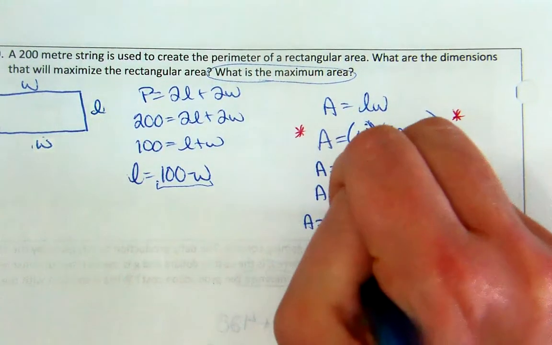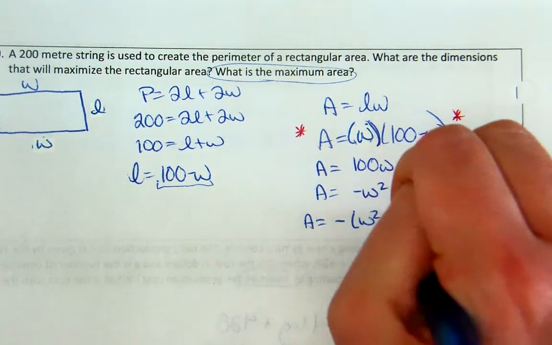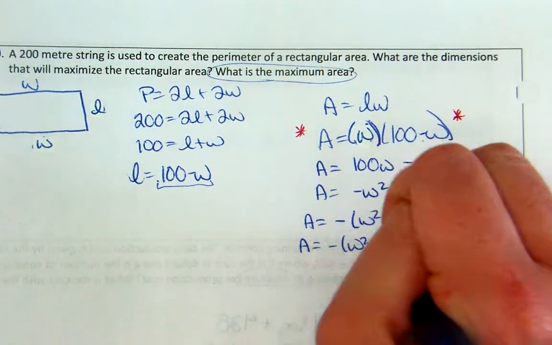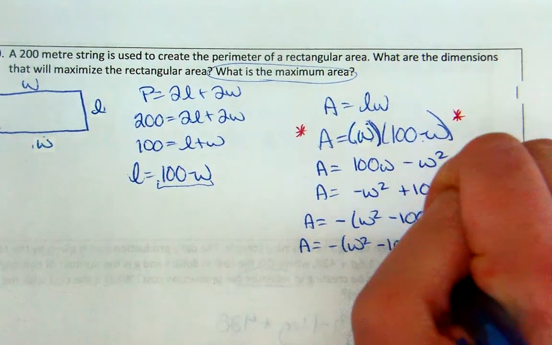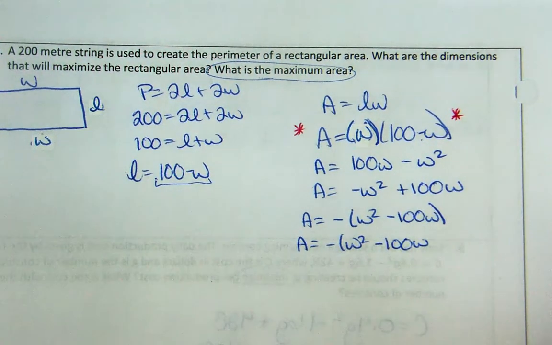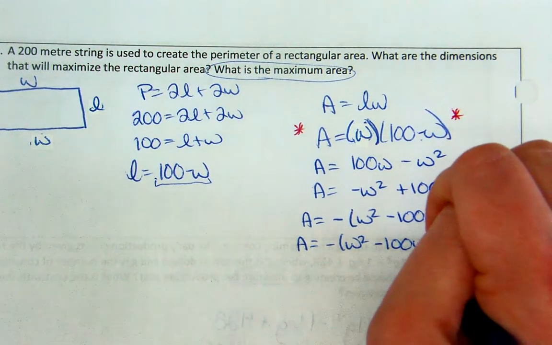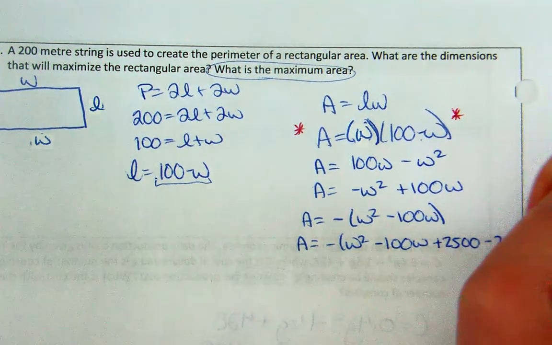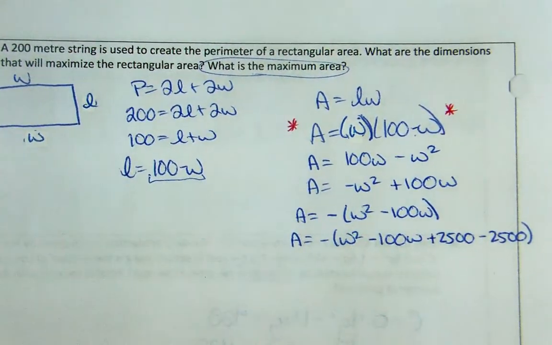Factor out A, which in this case is just negative 1. Find my M value by taking my B value of negative 100, dividing it by 2, that gives me negative 50. Squaring it gives me 2,500, so I add and then subtract 2,500.